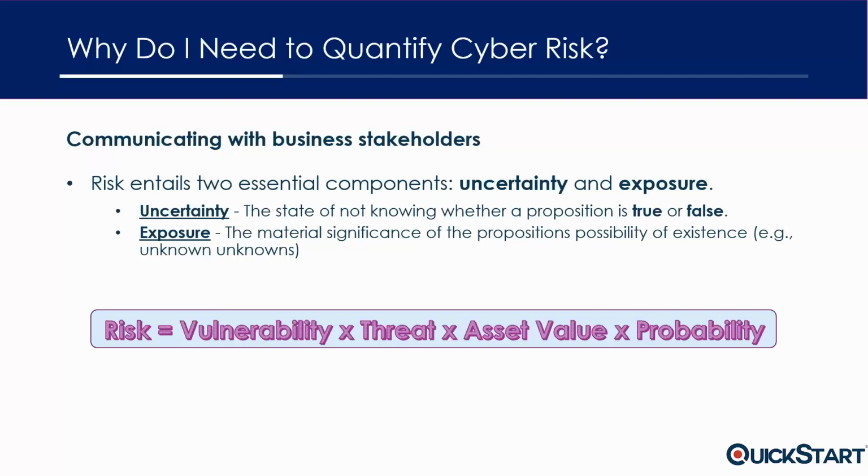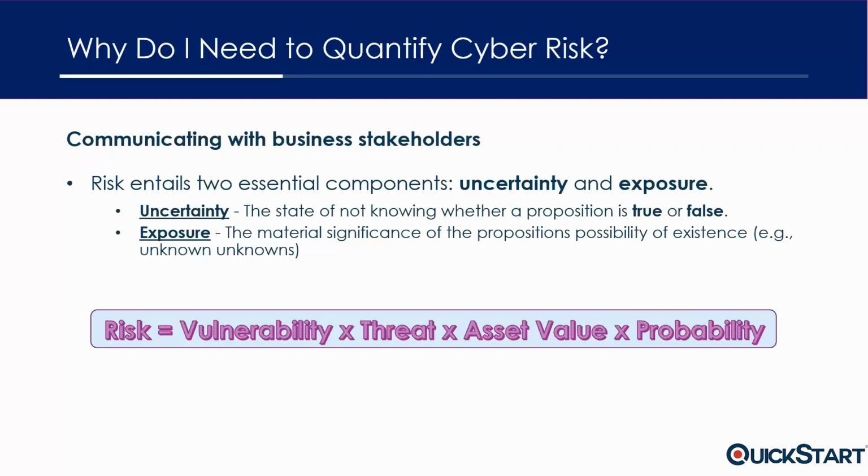Is it a real risk? Is it a perceived risk? Once we narrow into whether it's real or perceived, we go to step two and determine what the organization's exposure to that risk is, as well as our exposure to the unknown unknowns. Working through that mental exercise ultimately gives you what your true risk is.